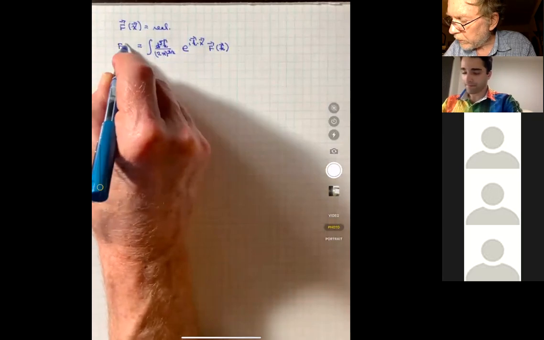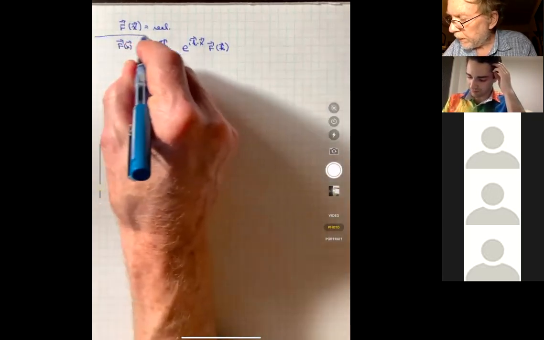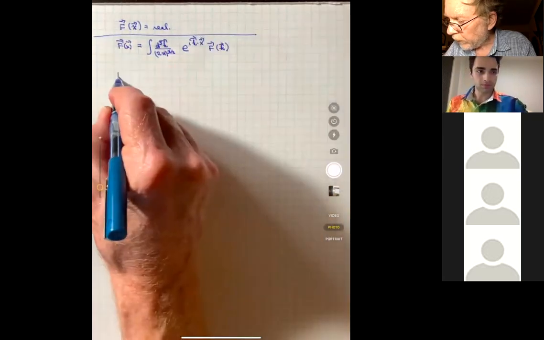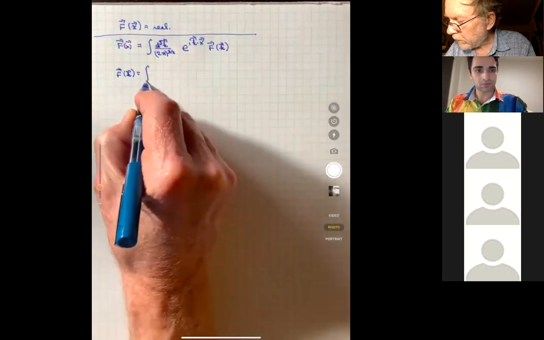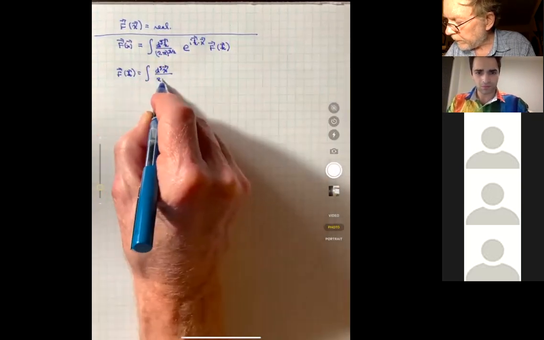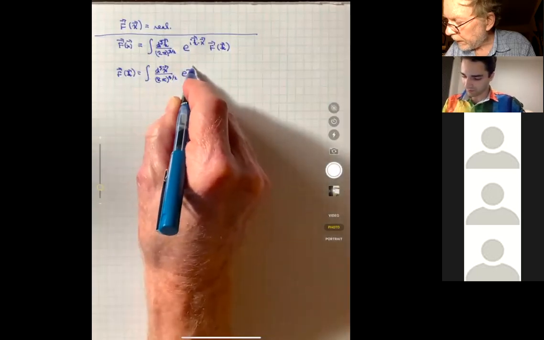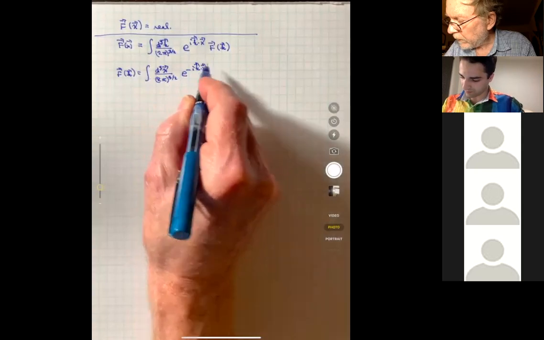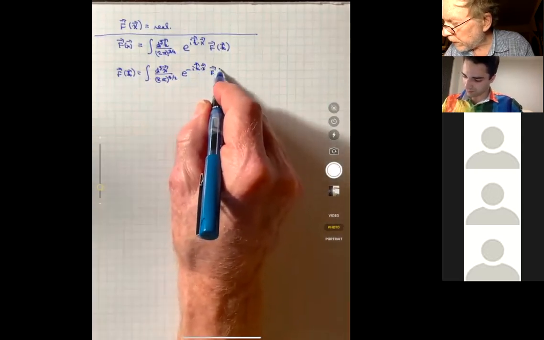So this is f of x, to repeat. Let me draw the line here. And so the inverse Fourier transform is that f of k is the integral d cubed x over (2 pi)^(3/2), times e to the minus i k dot x, times f of x.